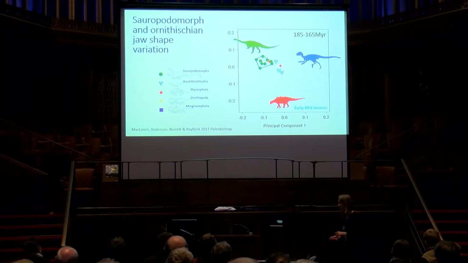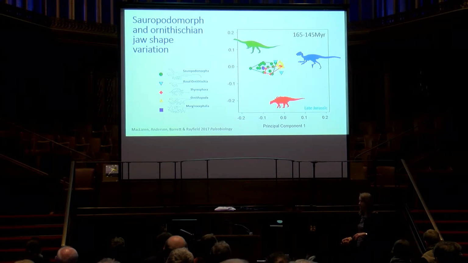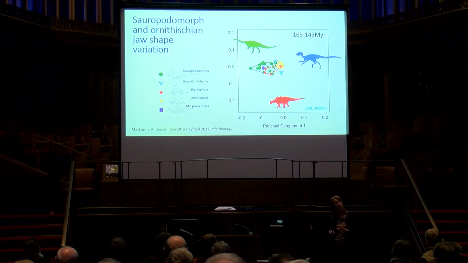There's some overlap here in the early to mid-Jurassic between the jaw shapes in the prosauropods, the basal ornithischia, and the earliest thyreophorans as well. And likewise for the late Jurassic.